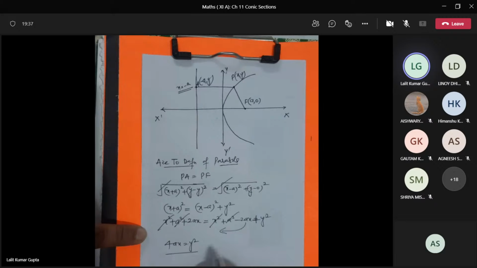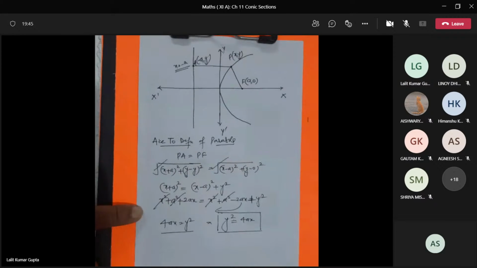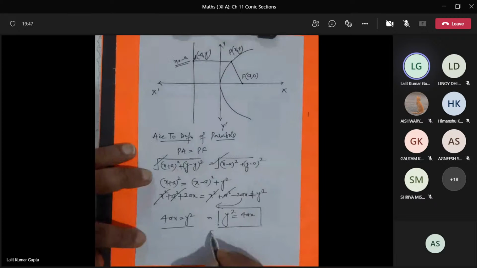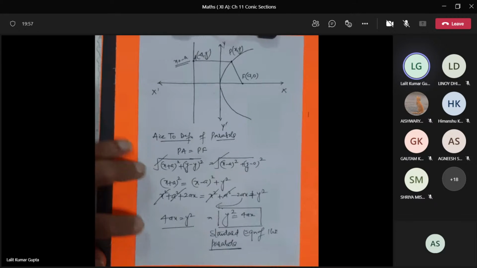So finally, y square equal to 4ax is the standard equation of the parabola. This is standard equation of the parabola, right? Using definition beta.